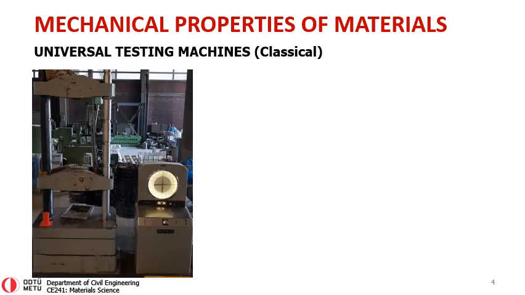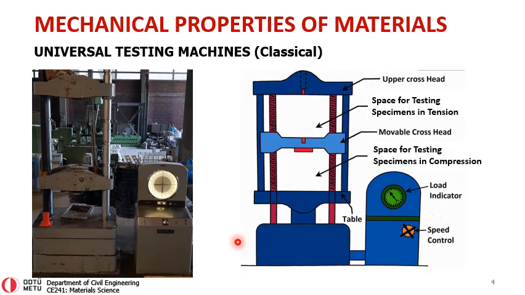Here you see a picture of what we call a universal testing machine. This is a classical type of universal testing machine that exists in our labs. If we were to schematically look at what's in this machine, we have a movable crosshead, and at the top and at the bottom we have the restraining frame.